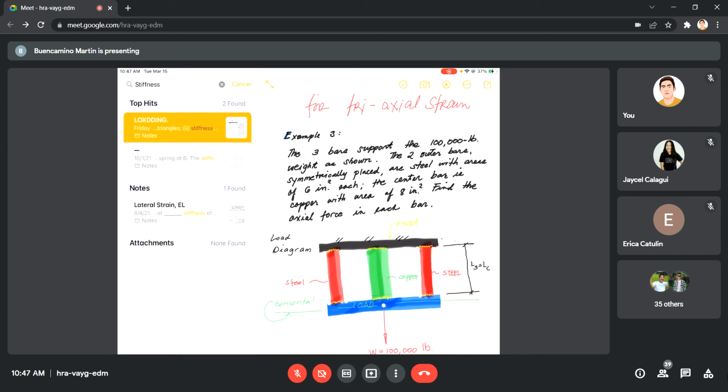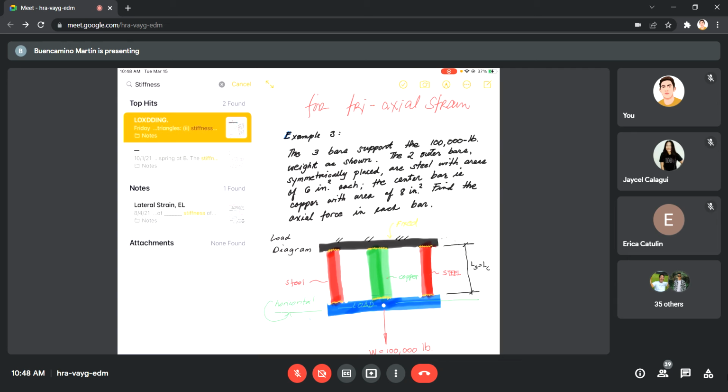So, that's the proper technical term. All of them are under tension, ibig sabihin, lahat ito ay makakaranas ng tensile force.